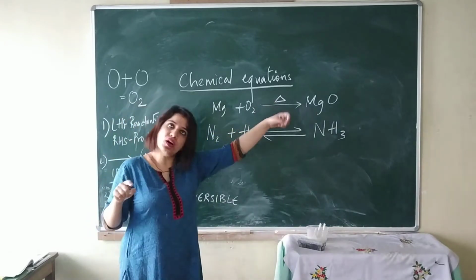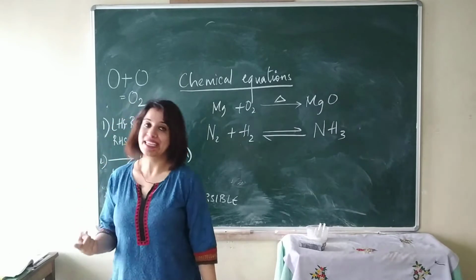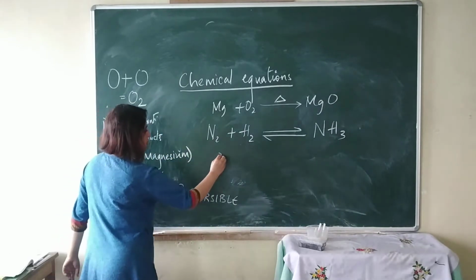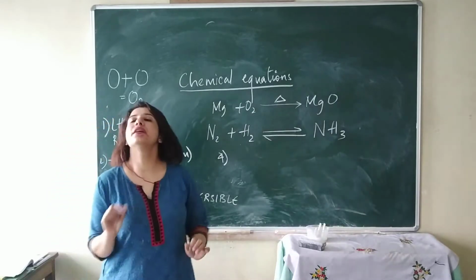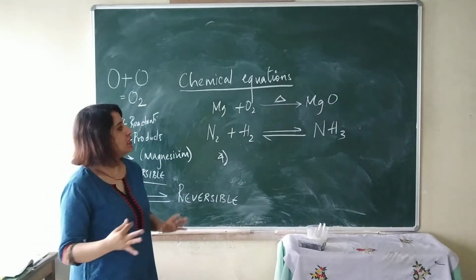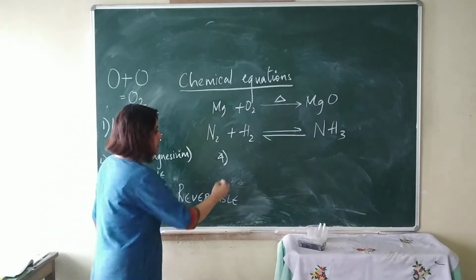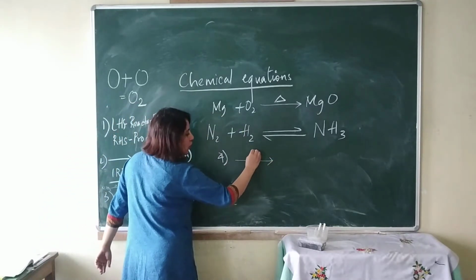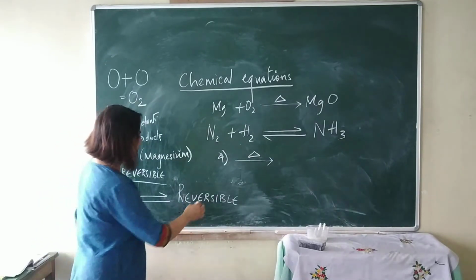This triangle is called delta. So this delta indicates heat. So this is number 4. The fourth rule is, if in a reaction the reactants have to be heated, then just above the arrow we put a delta sign.